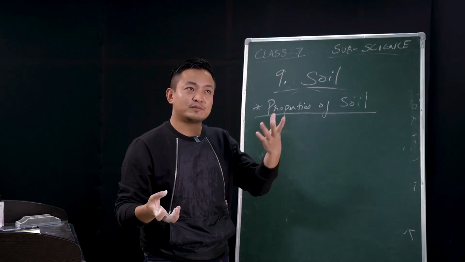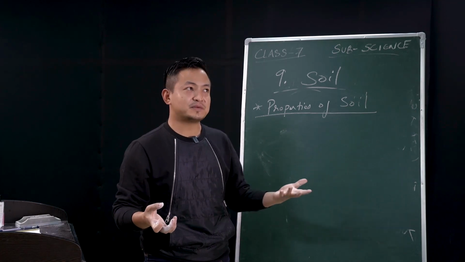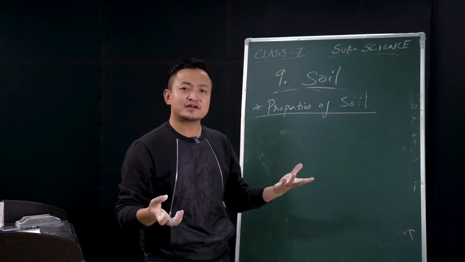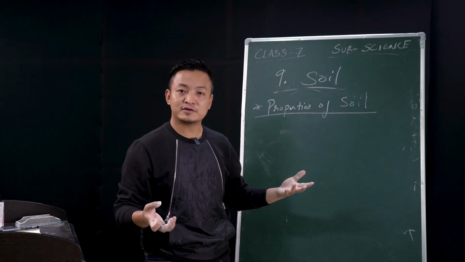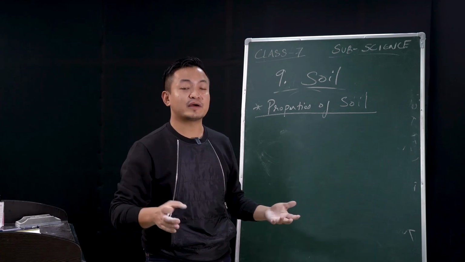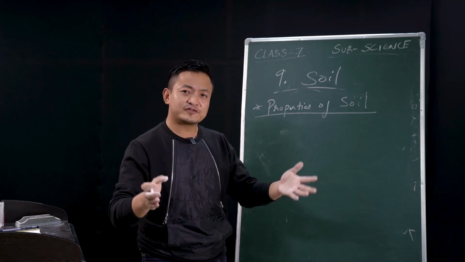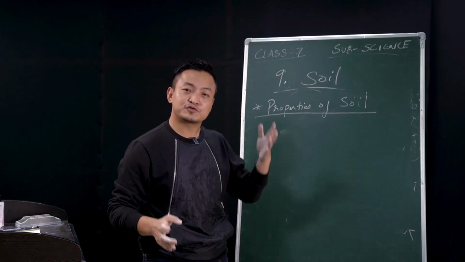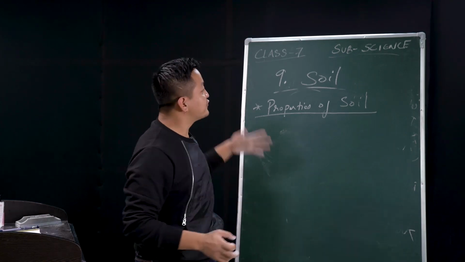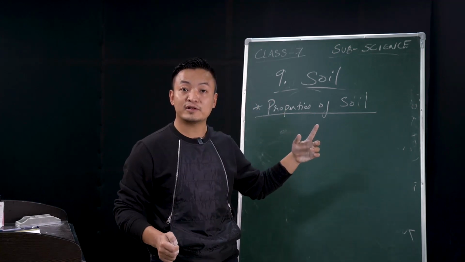Take a crop like rice. For rice, clay soil may be good, clear. But sandy soil might not be good for rice cultivation. So we have different types of soil. To know the different types of soil, first we have to know the properties of soil, okay?